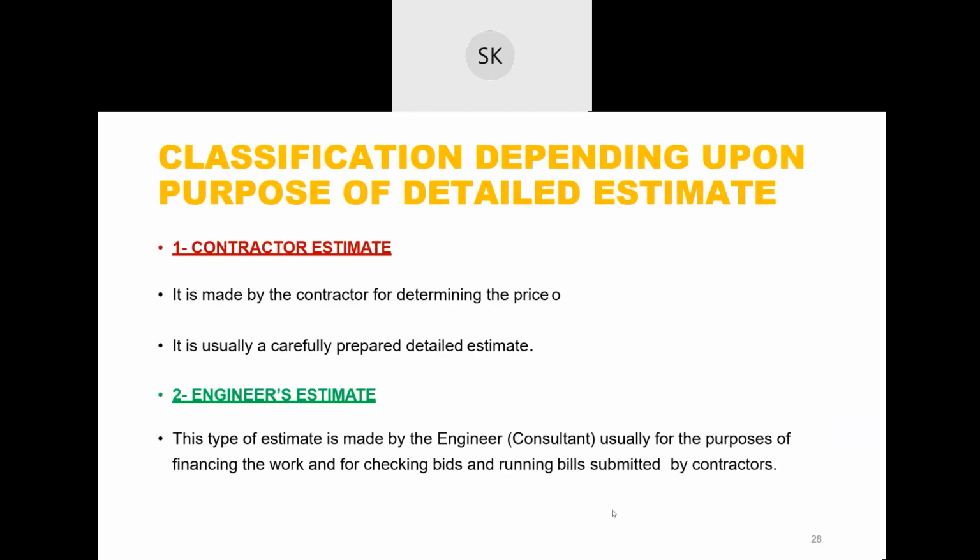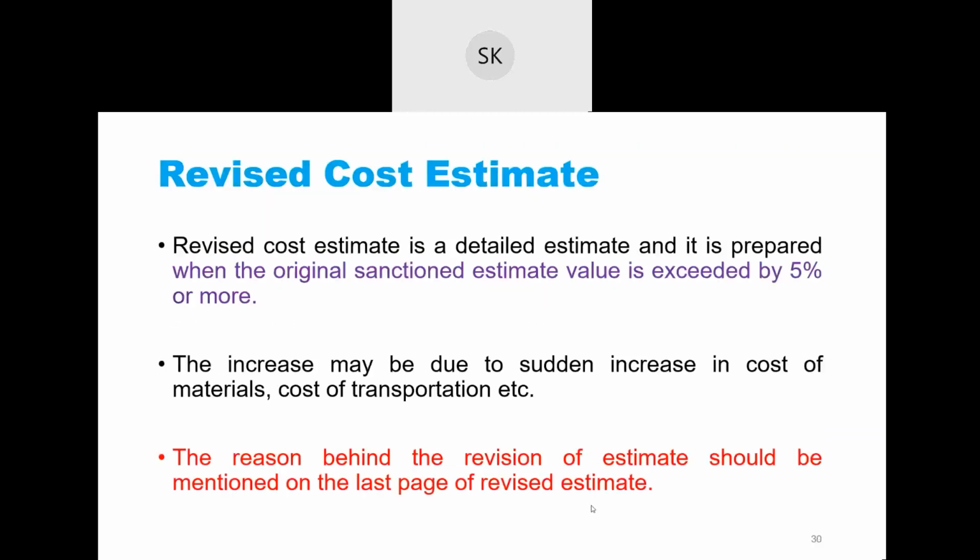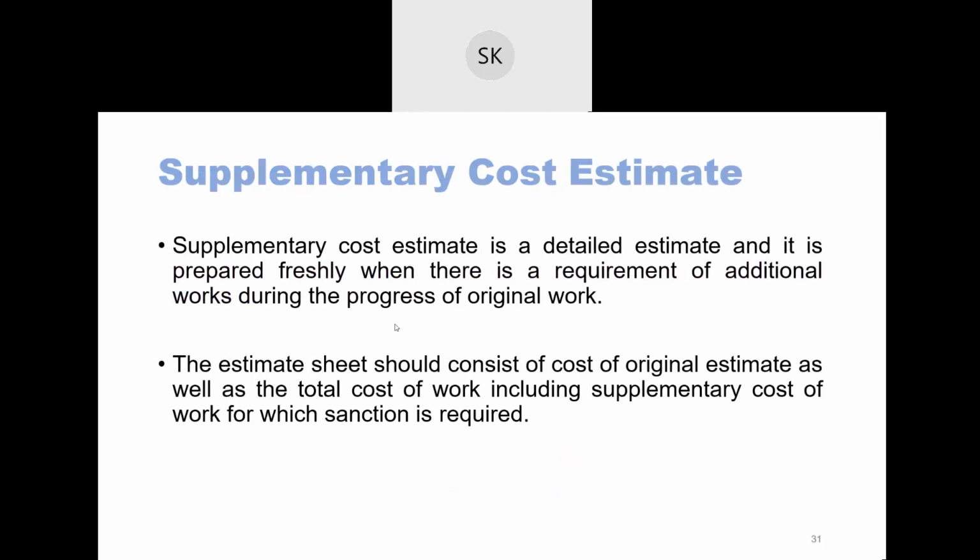So these are the contractor estimate, engineer estimate, progress estimates, revised estimates. We generally do a revised cost estimate when the original sanctioned estimate value is exceeded by 5% or more. And supplementary, when you need additional work, you need money. You have to get sanction, because government won't provide the extra money.